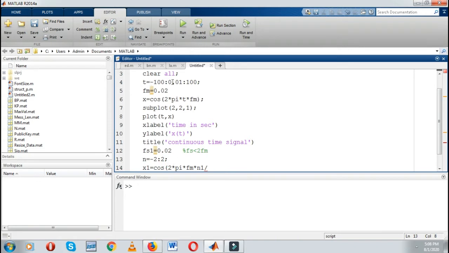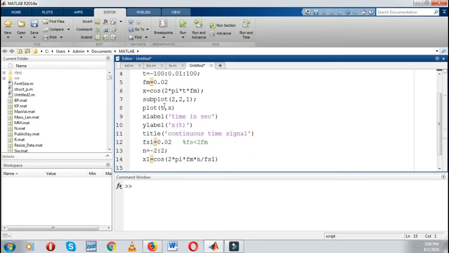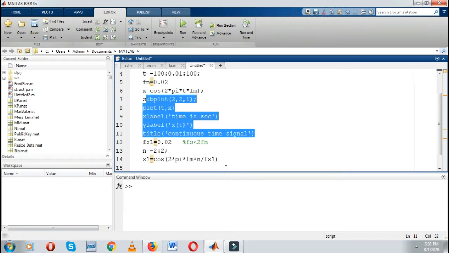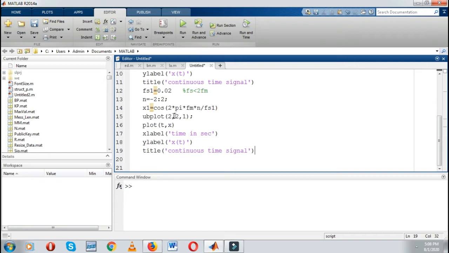Here I had taken only the t interval, minus 100 to plus 100. So I will write, sorry, not n1, n divided by the sampling frequency, because I have to sample that interval for minus 2 to plus 2 only.